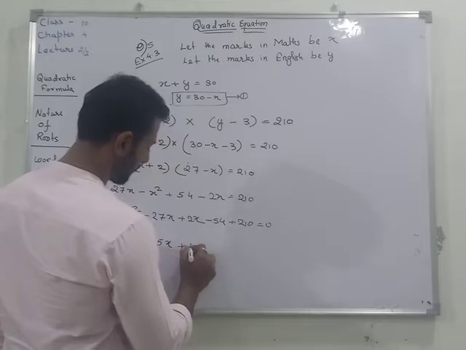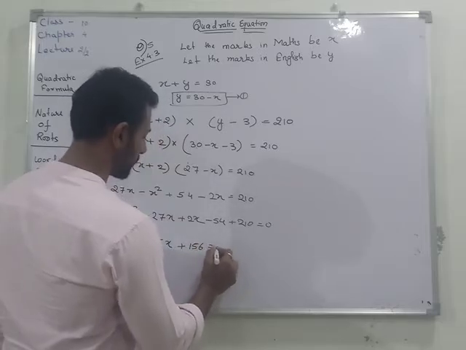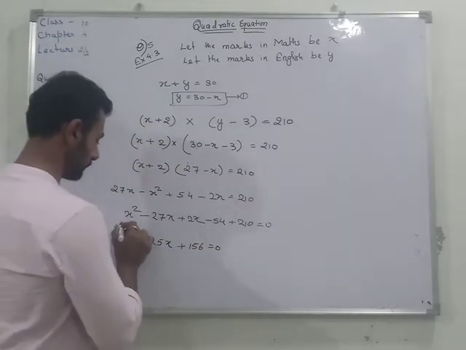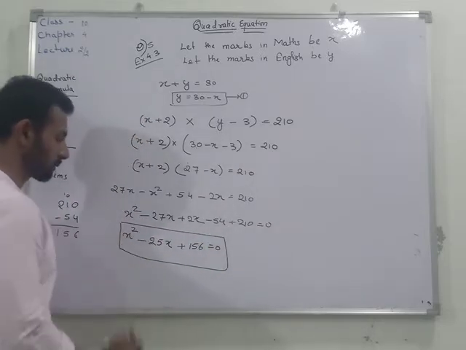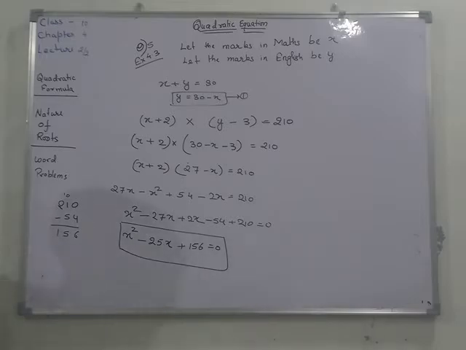So x square minus 25x plus 156 is equal to 0. This is the required quadratic equation which we have to solve.